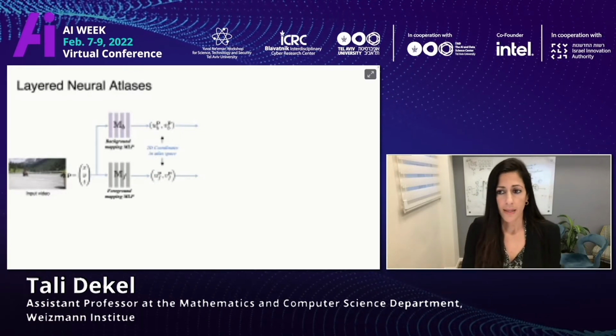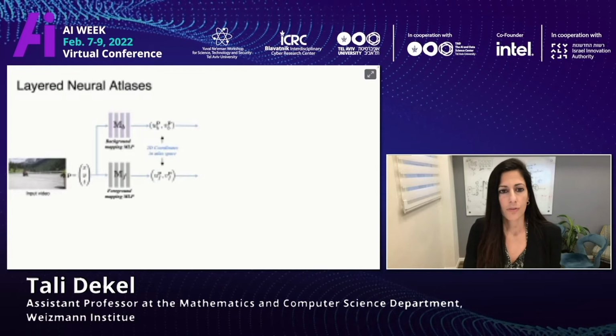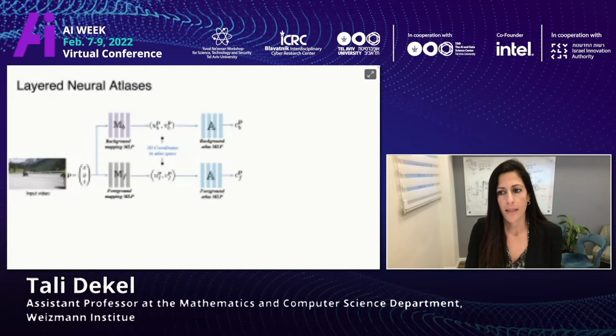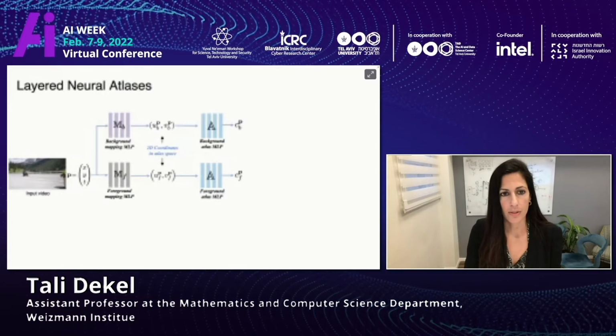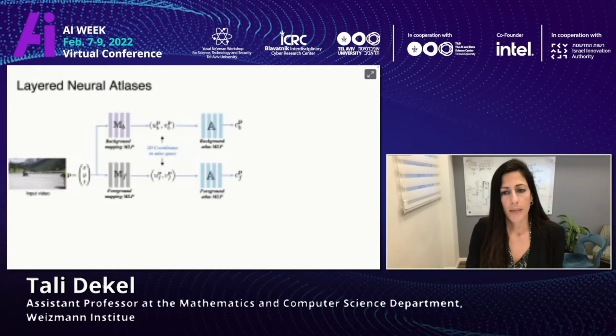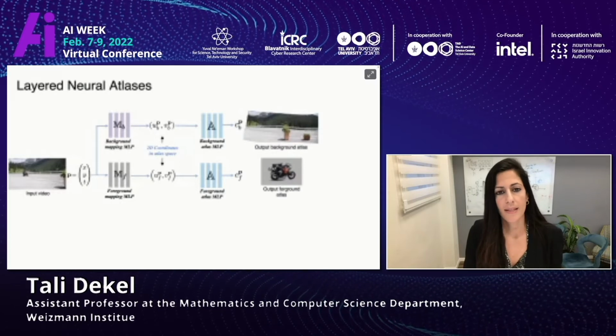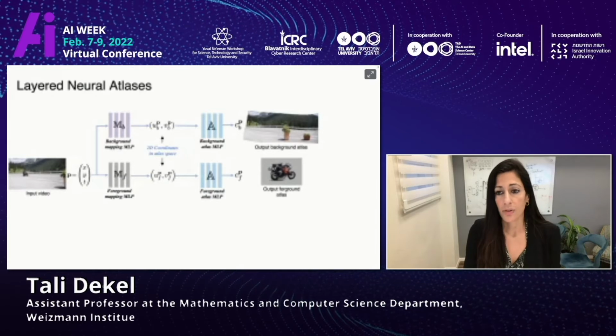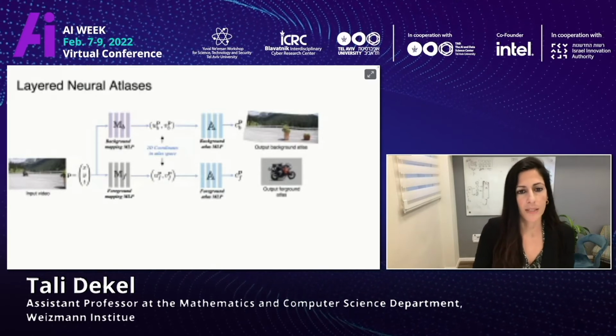And the predicted 2D coordinates are then fed into an atlas network that outputs the RGB colors in the corresponding UV locations. So what I'm visualizing here is basically a discretized image rendering of these continuous atlases that are represented by those MLPs.